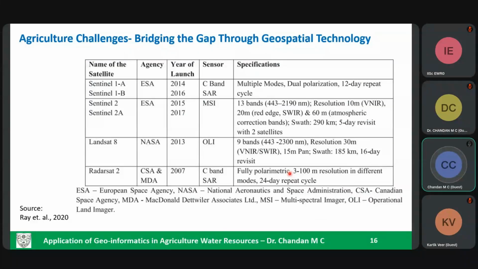The same holds good with the global data sets also. If you see the Landsat 8 and Landsat 9 series, which have 9 bands and 11 bands, and if you see the temporal resolution, you can get a 16-day composite, and also we have Sentinel-2, which has a 5-day revisit time, so that can also be obtained.